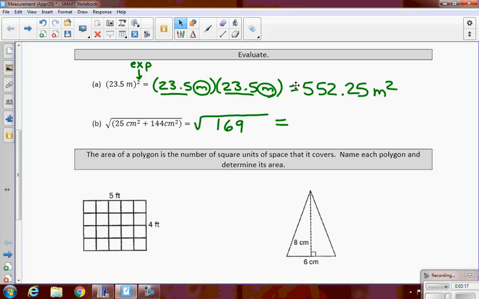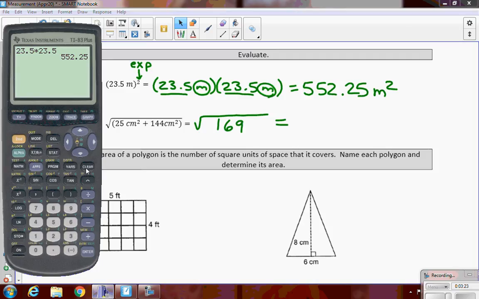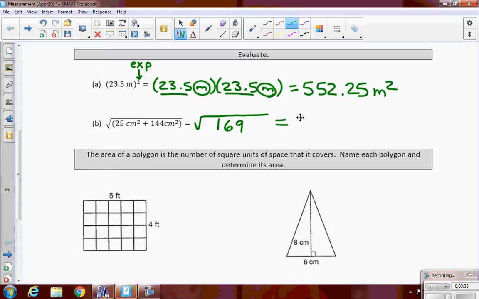You can either think in your head what is one number that multiplies by itself to get 169. You could use some technology to help you out here. We could say what is the square root of 169, and this will tell us 13 because 13 times 13 equals 169. So this answer is 13.